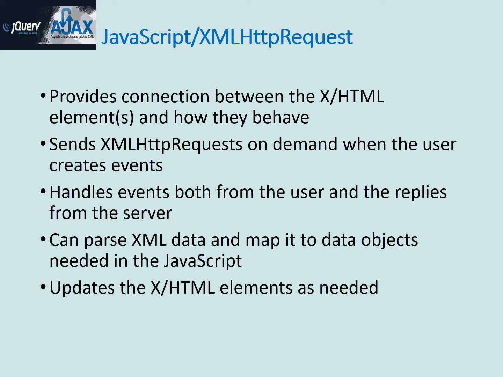It sends XML HTTP requests on demand when the user creates events. Whenever a user creates an event on the web page, that event data should be converted into an XML HTTP request. It handles events both from the user and replies from the server.